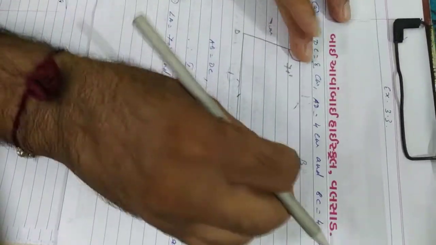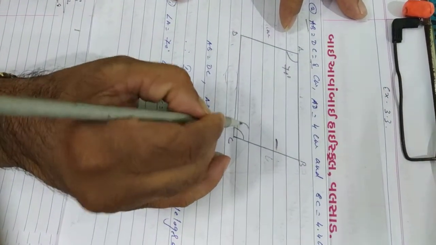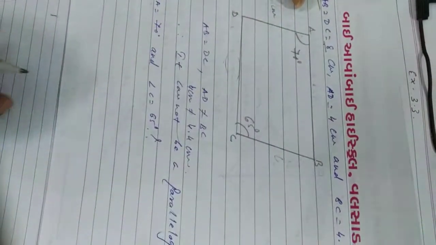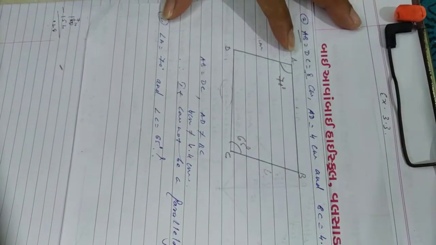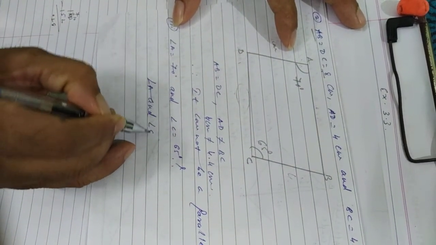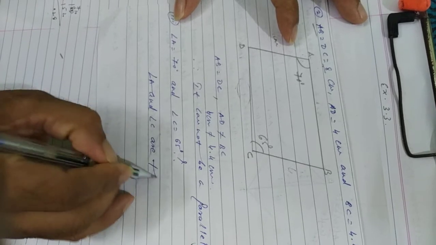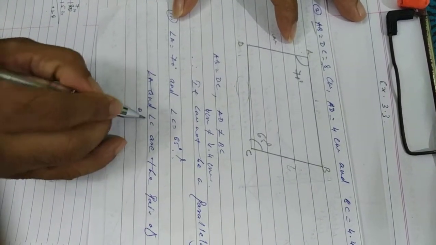Just forget the measurement of the given. Angle A is equal to 70 degree and angle C is equal to 65 degree. See, angle A and C are a pair of opposite angles, right?